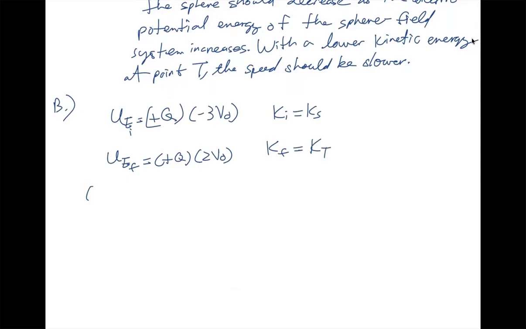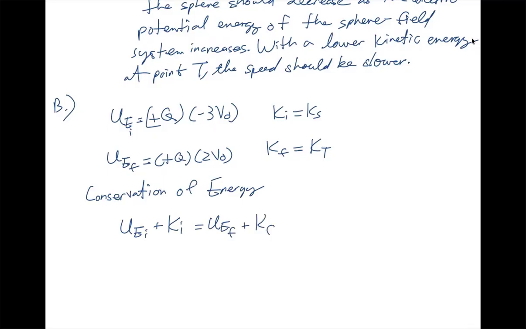So we can say conservation of energy is our fundamental concept. The initial electric potential energy plus the initial kinetic energy should equal the final electric potential energy plus the final kinetic energy.